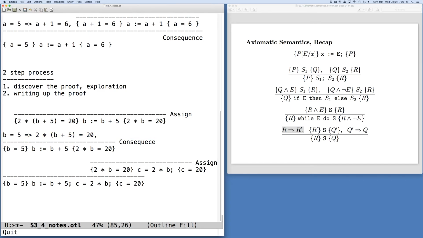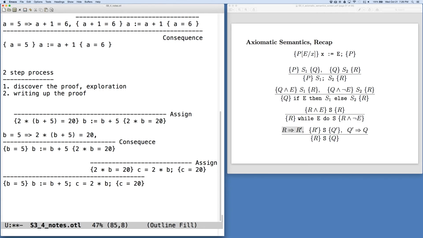So this proof is one in which we were very careful about using the rules of axiomatic semantics, but we weren't so careful about the rules of mathematical logic or the rules of integer arithmetic here. Right? We kind of waved our hands and said, well, it's pretty obvious to us if b equals 5, then 2 times (b plus 5) is equal to 20. Right?